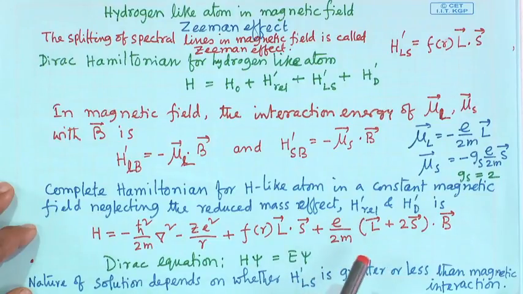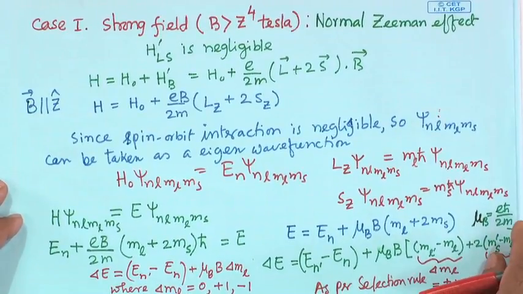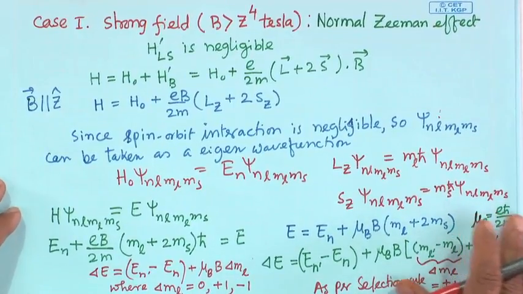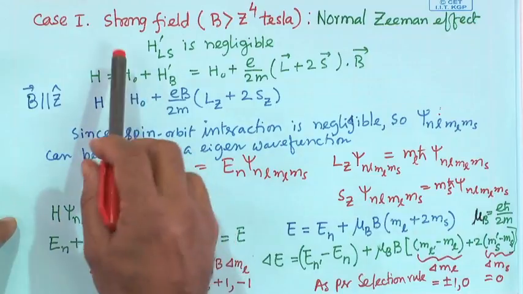We can put a condition on whether the H_LS term is greater or less than the magnetic field interaction term. Now let us consider the case where the magnetic field is very strong, that means strong field.